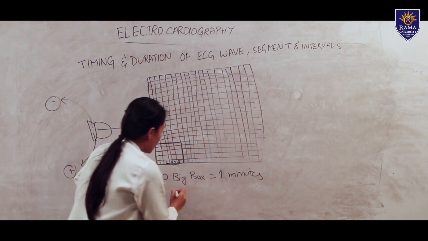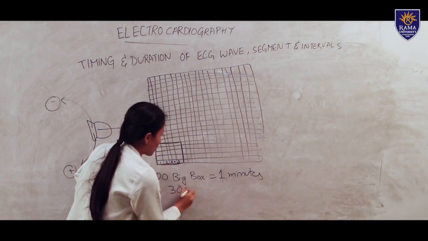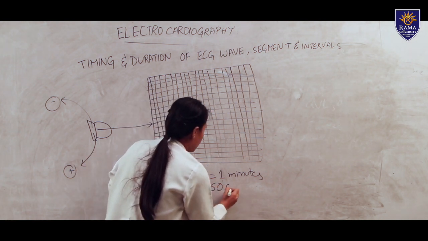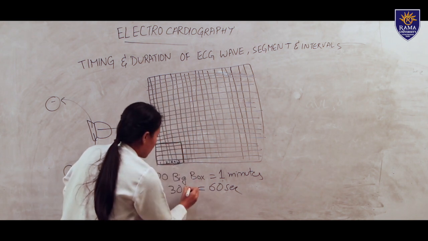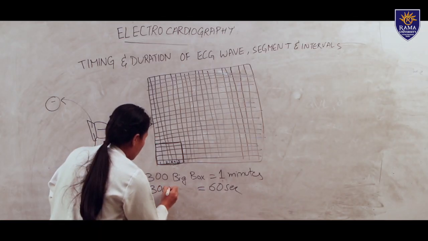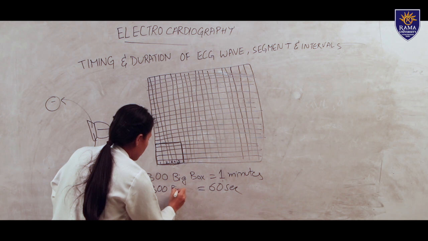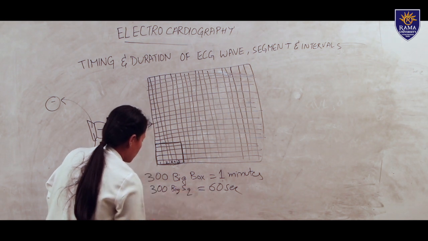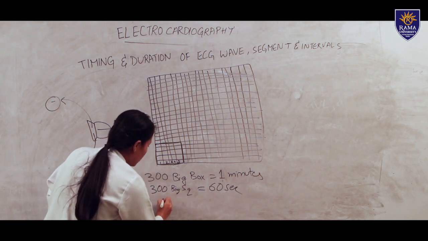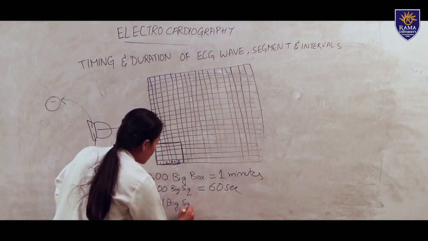So that means 300 big boxes is equal to 60 seconds.